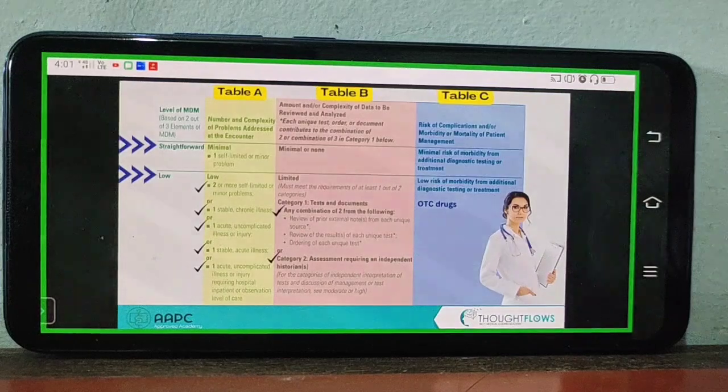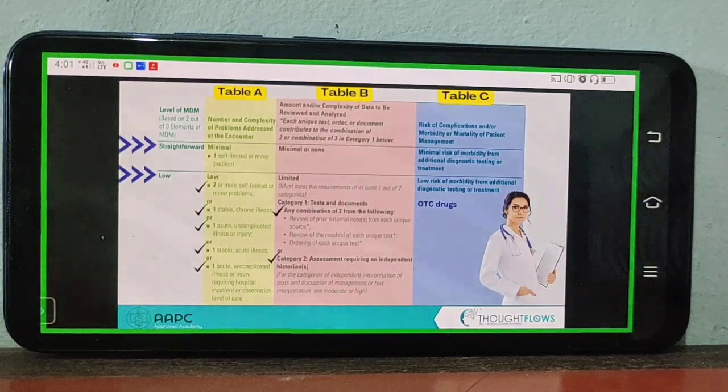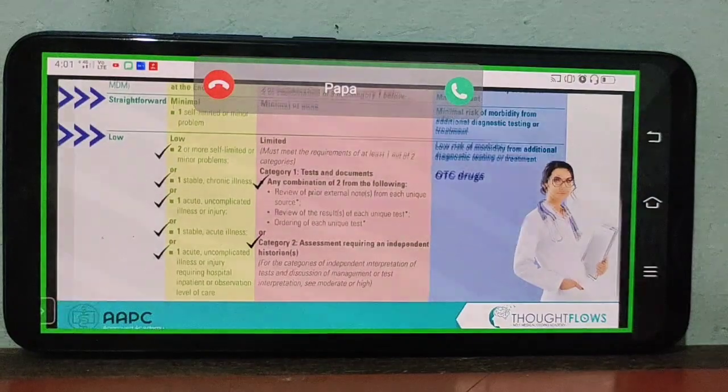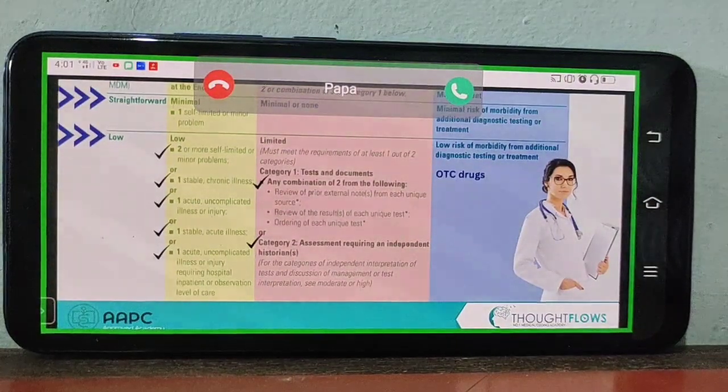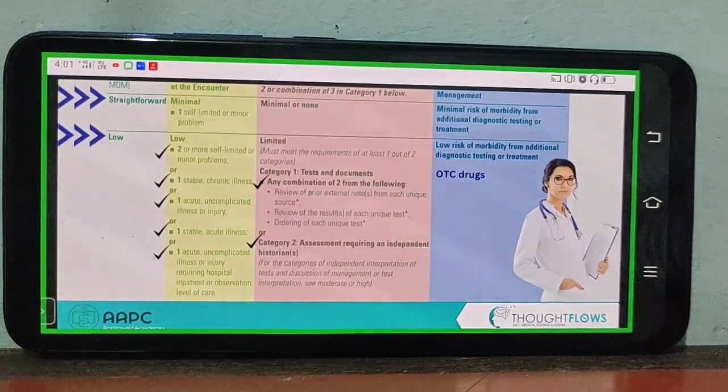You need to check how many categories are present in table B in a low MDM. How many categories? 2 categories. Category 1 and category 2. Check that. The requirement is at least 1 out of 2 categories. Am I right?